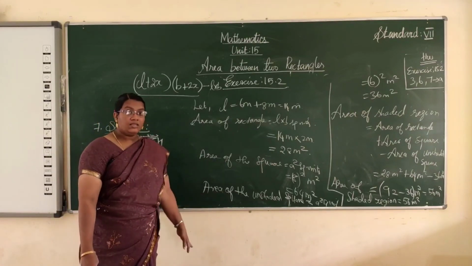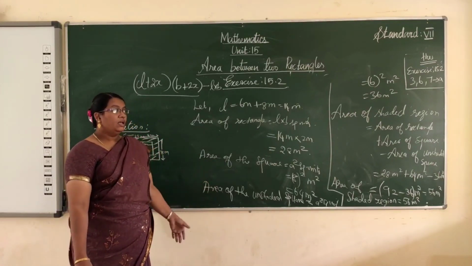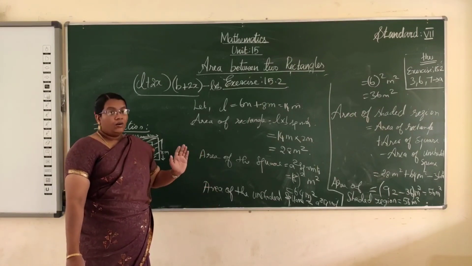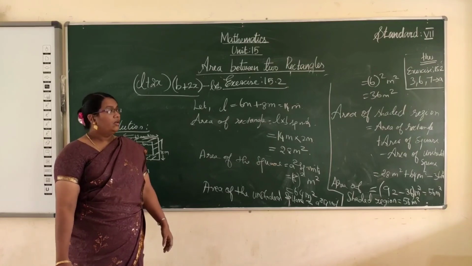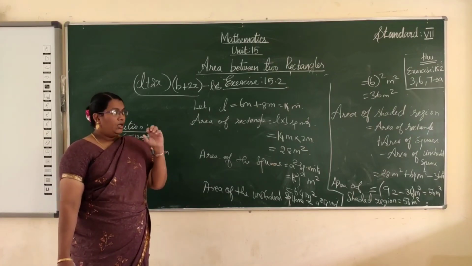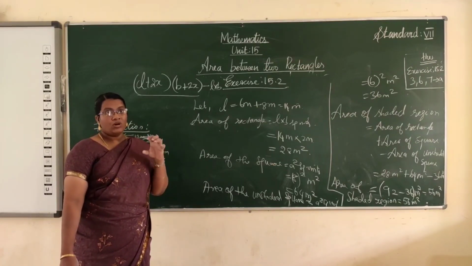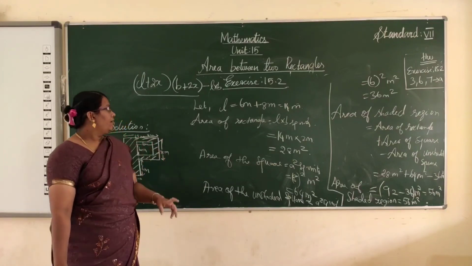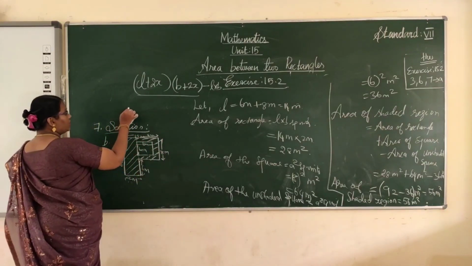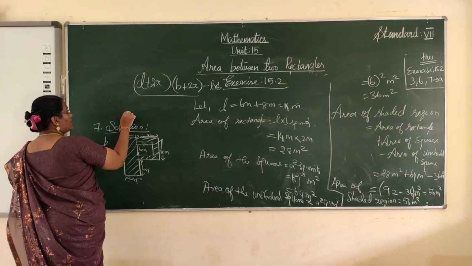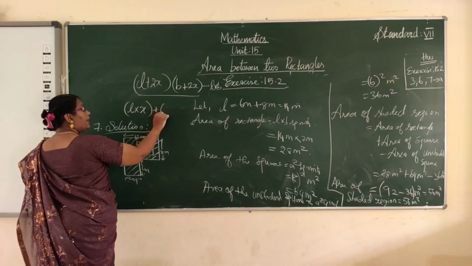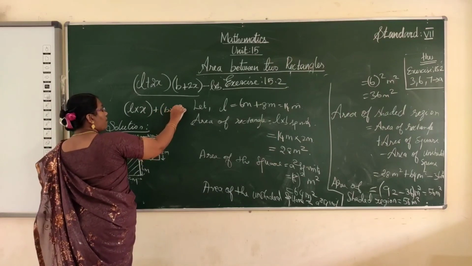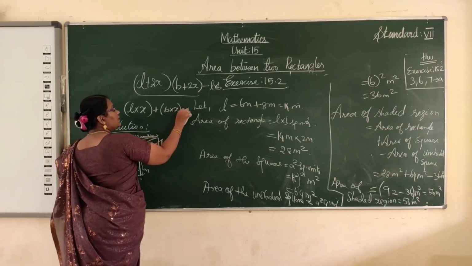And in the second case, we have to calculate when paths run parallel along the length and parallel along the breadth, and the middle portion is not considered. So we use the formula L into X plus B into X minus the middle portion.